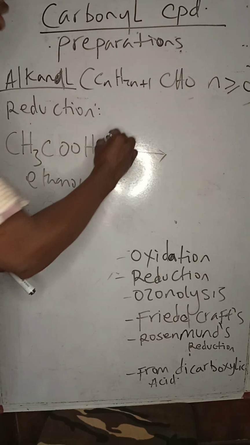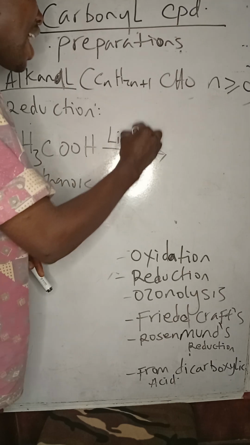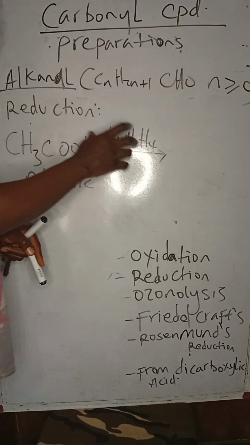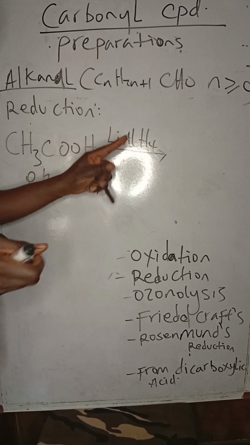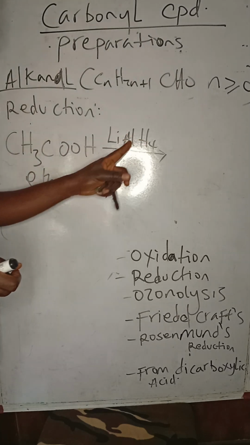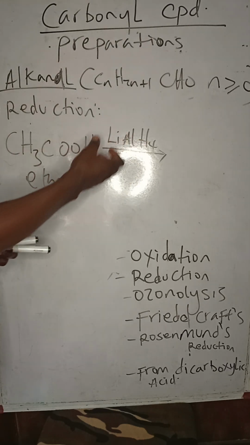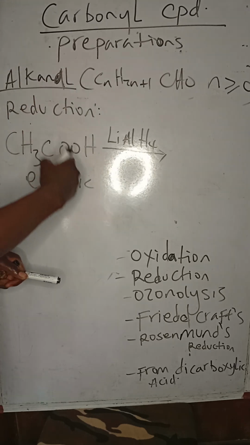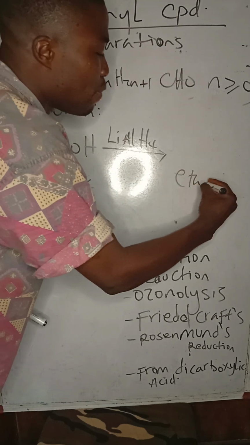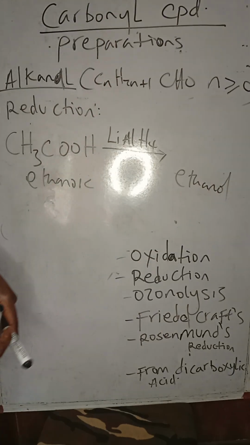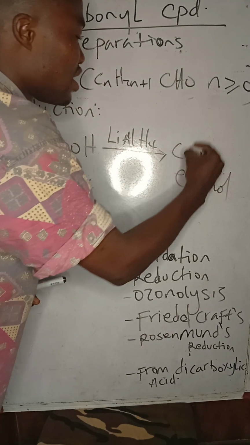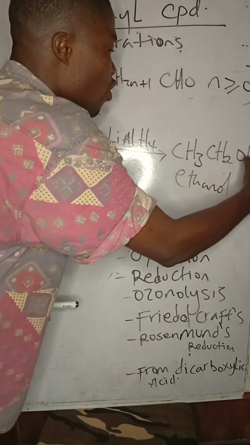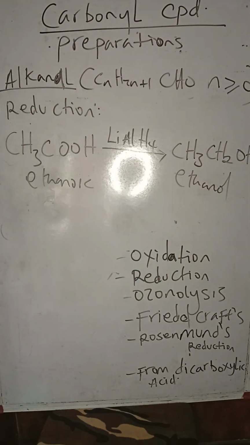If you apply a reducing agent such as LiAlH4, whose IUPAC name is lithium tetrahydroaluminate(III), on this ethanoic acid, you are going to reduce it to ethanol, a primary alkanol. You're going to get CH3CH2OH. Yes, you're going to get ethanol.